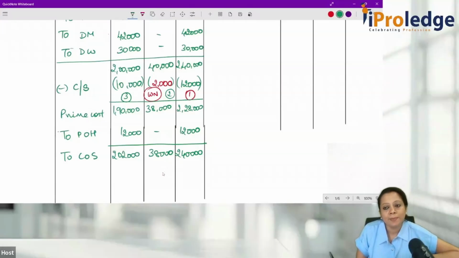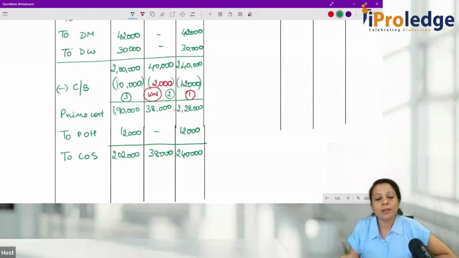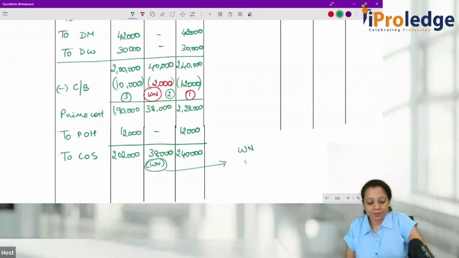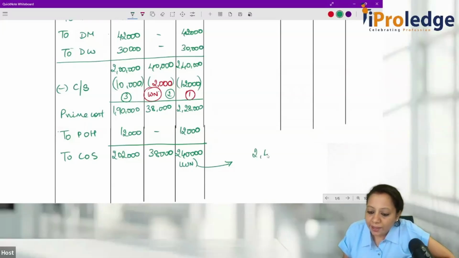So shall we proceed now? You can call the working note numbers alone, you maintain them. So this is another working note I'm going to do, like the previous question. 2,40,000 is going to be the cost of sales for process two.